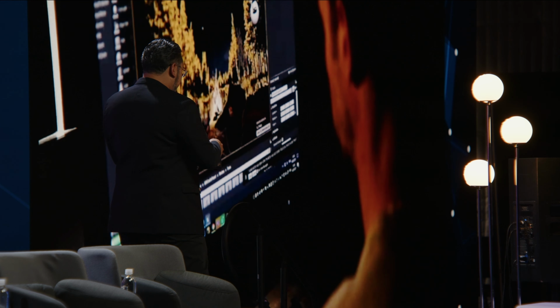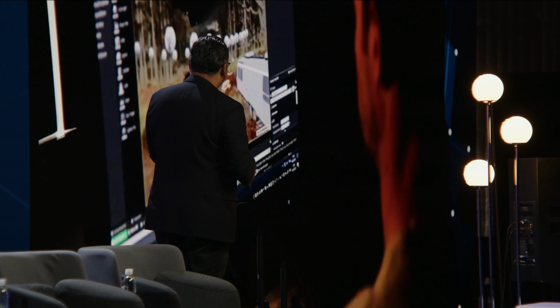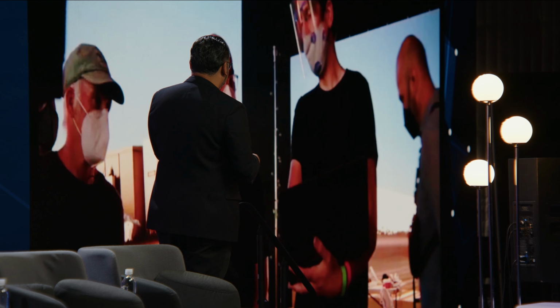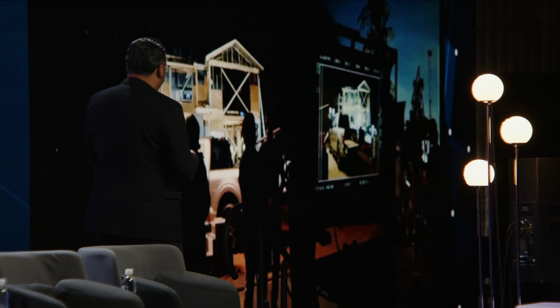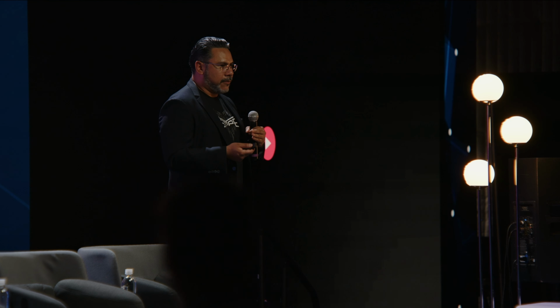As you can see, this commercial for Ford was filmed on a single stage. That also saves the need to travel to different locations.